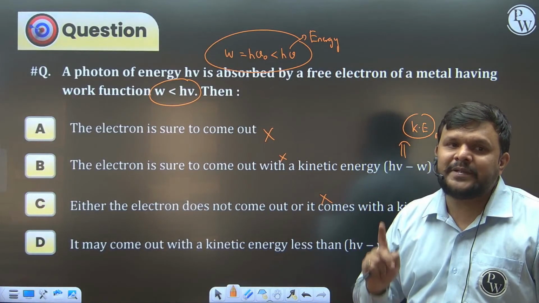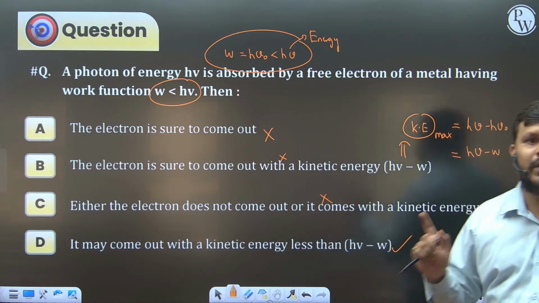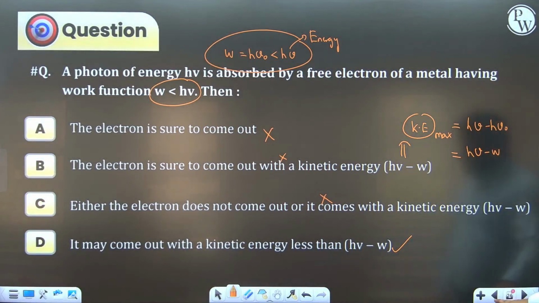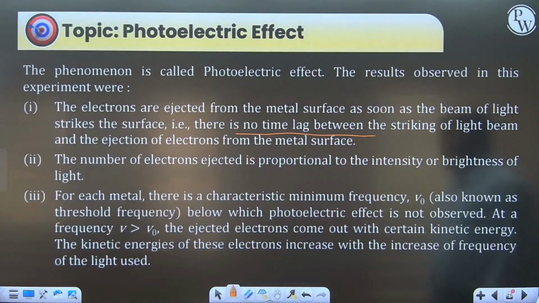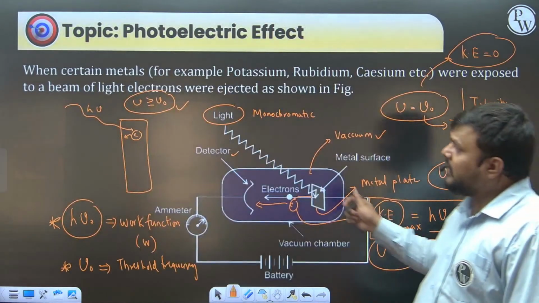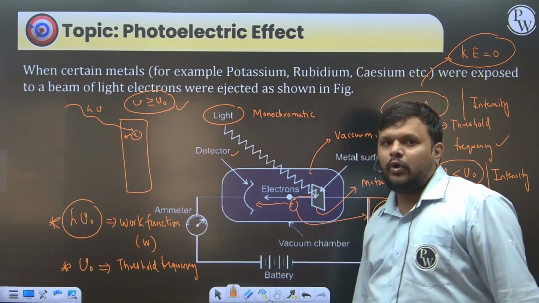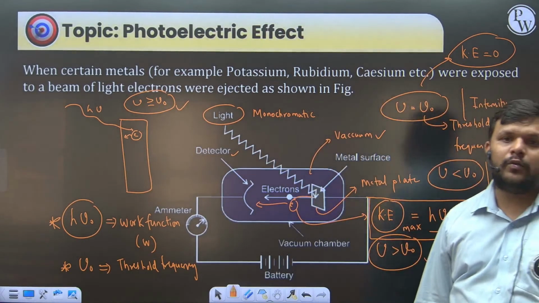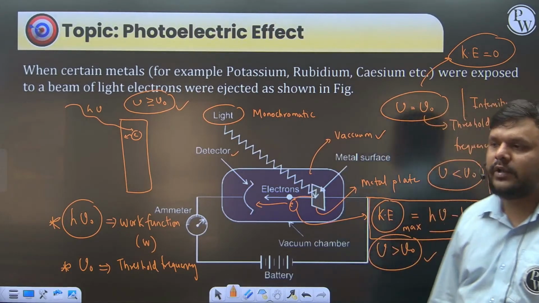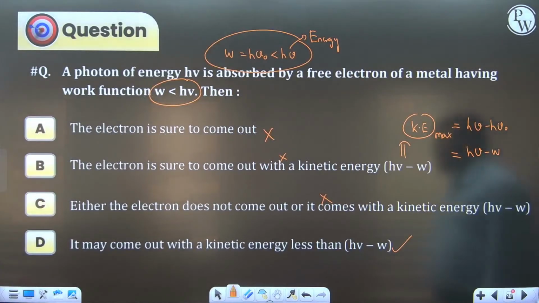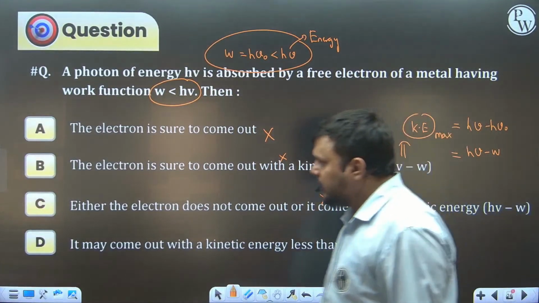You cannot 100% say that the electron will always be ejected, because there might be a case that the electron gets trapped because of the collisions. So you cannot say it will always be ejected. It may get ejected, and that's why this fourth option is our correct answer. Okay.